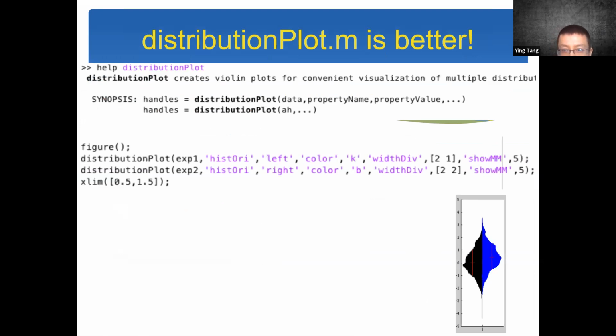If not, then here we see that the distribution plot has many options. Right, you can show the histogram on the left or right, specify its color and how wide, whether to show the median value, right? So all these options can be played with to choose how to make this violin plot.